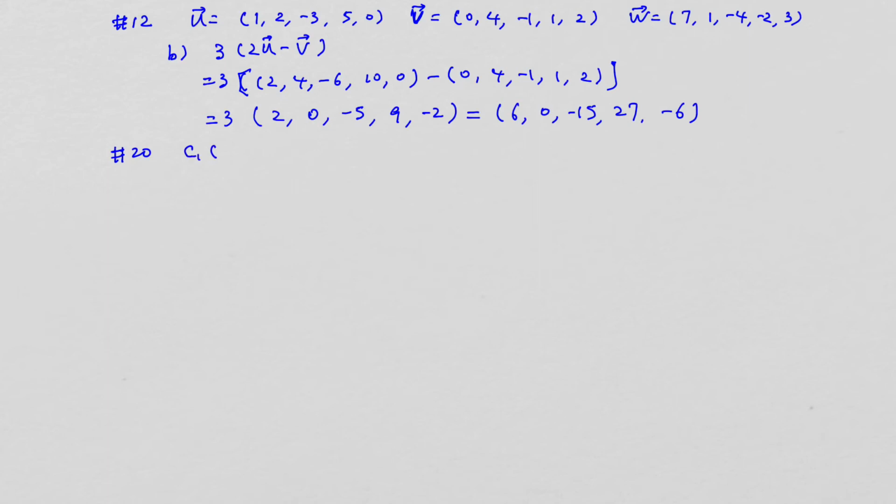C1 times (-1, 0, and 2), plus C2 times (2, 2, -2), plus C3 times (1, -2, and 1), and they said it's equal to (-6, 12, and 4).